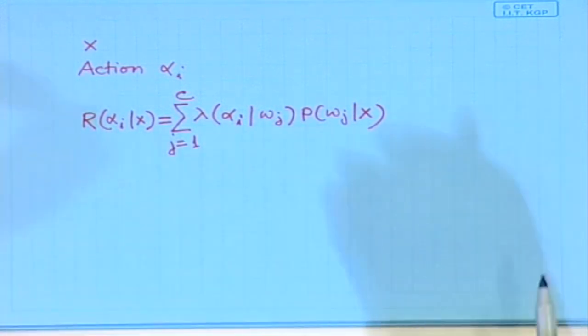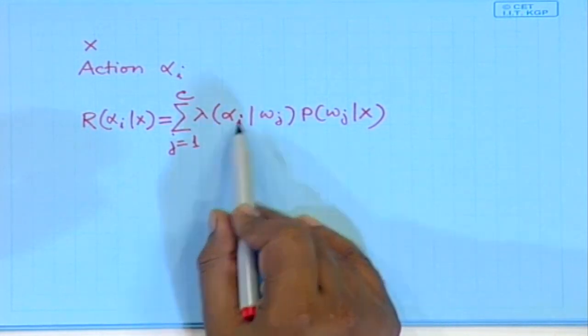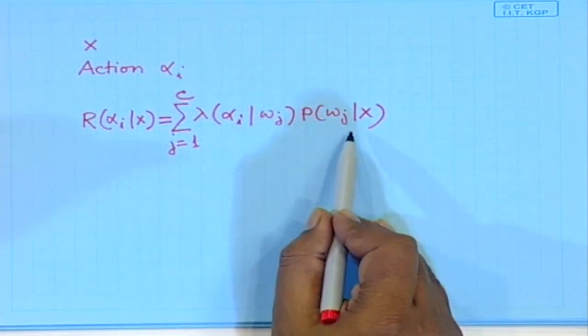Because I do not know what the true state of nature is. If the true state of nature is omega j, then my loss function is lambda of alpha i given omega j. Then I have to multiply this with the probability of the true state of nature being omega j given my observation vector x.